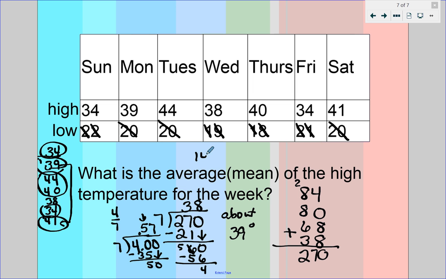So we have 140 divided by 7. And how many 7s can we get out of 14? 2. And then we know that we could just add that 0 up here because it would have 0 remainder. And so 20 would be our average low temperature.